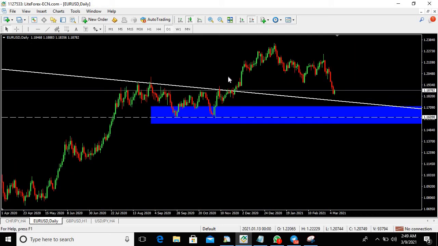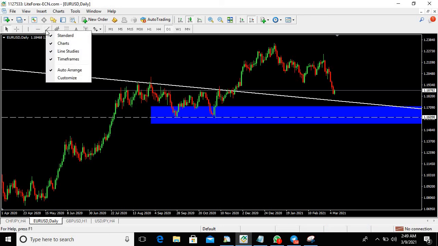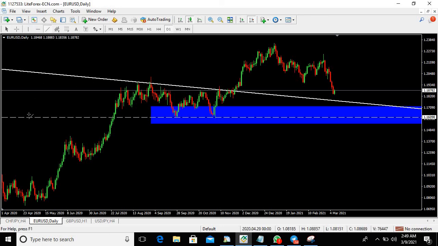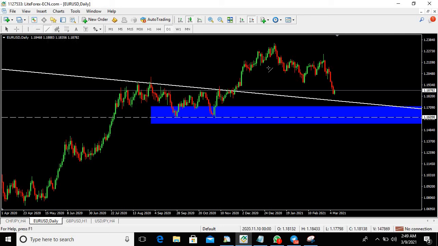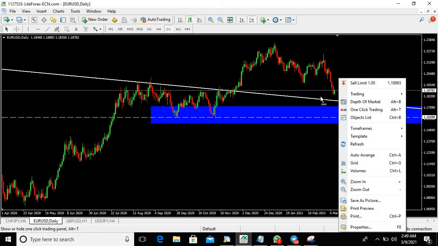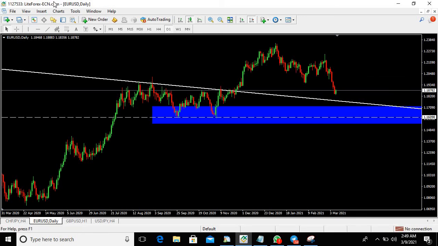In the day time frame, we are expecting to see EUR/USD come to this one and then make what we call a pullback. The market will come down.